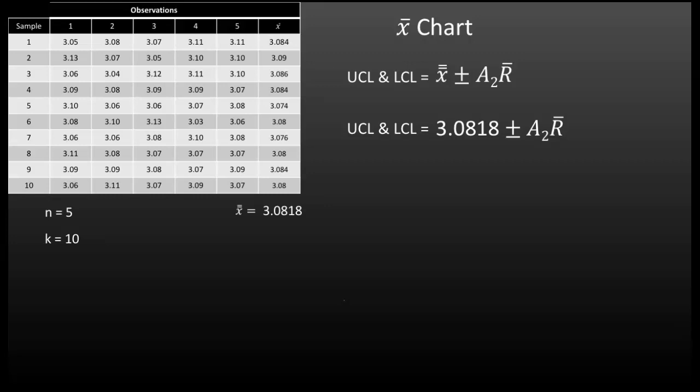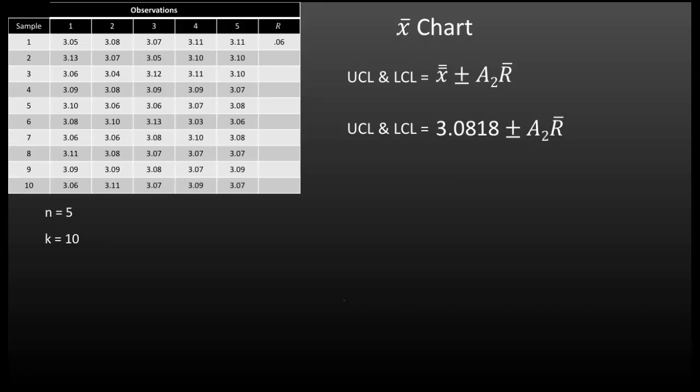Then we have A2 times R bar. Well, let's leave A2 for the very end. And let's calculate R bar now. So R bar is the mean of the ranges. So we need to find the ranges for each individual sample. So you can see that the range for this first sample is 0.06. How do we get that?